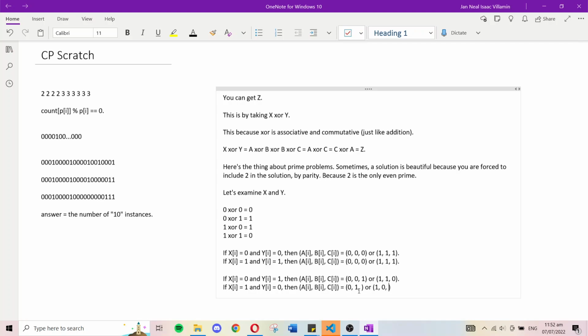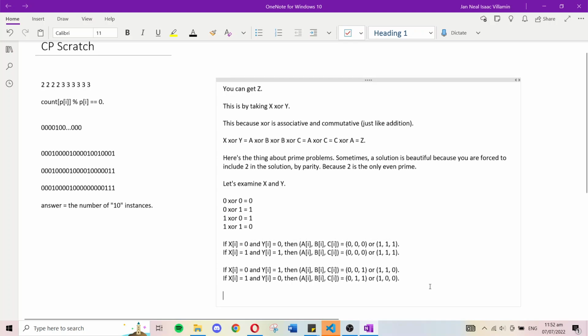Now yi is 0, so it must be the same parity with bi, so this must be 1, and this must be 0. Now we have all the possible cases. Okay. Alright.